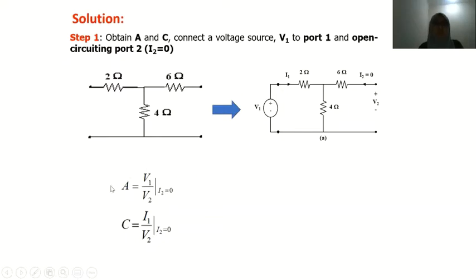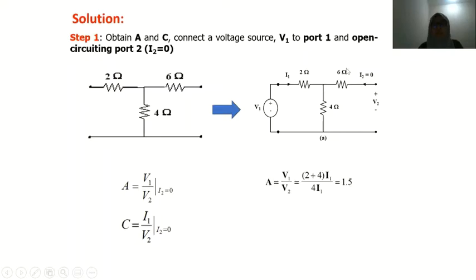So from here, when you open circuit your I2, what you have is your A and C. Your A is V1 divided by V2, and your C is equal to I1 divided by V2.